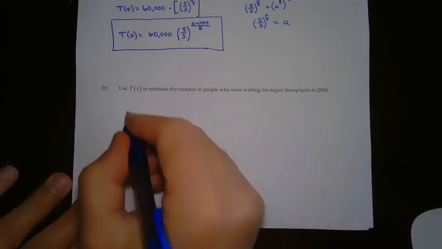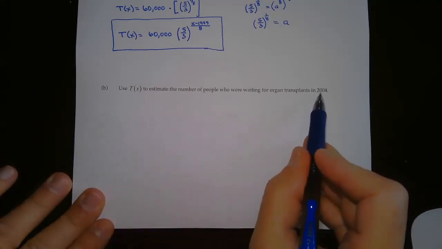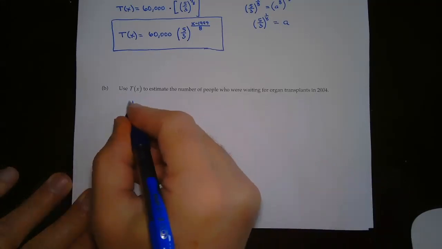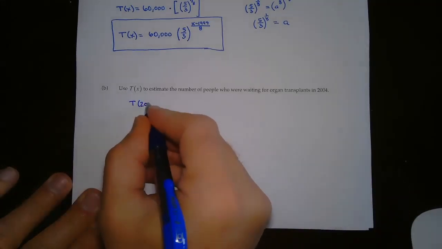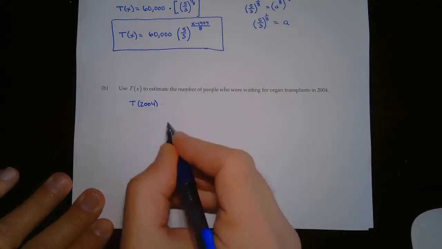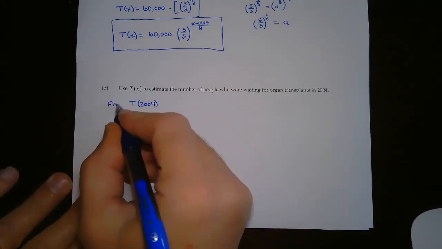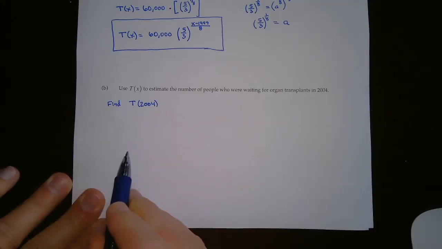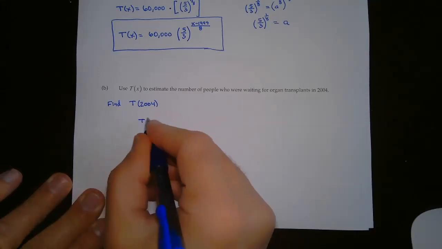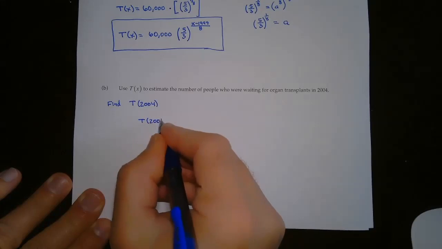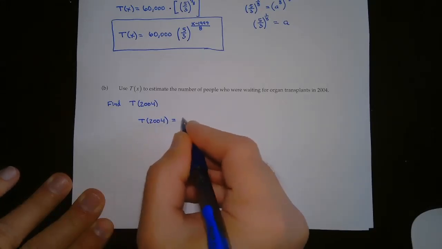That would be the x. So we're going to do T of 2004. That's what we're trying to find.